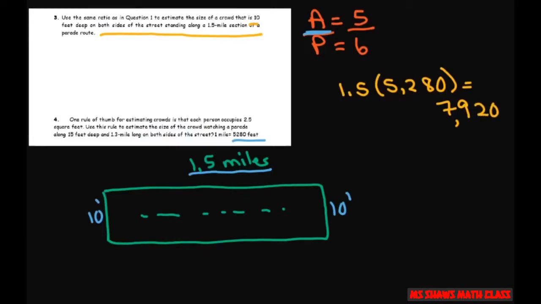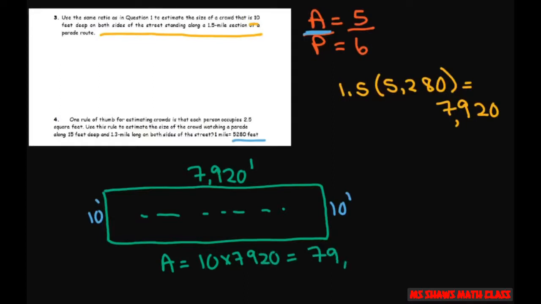So now we can change this to 7,920 feet. Now we've got to find the area. The area is just 10 times 7,920, so that's going to be 79,200. And then all you do is set up the ratio.